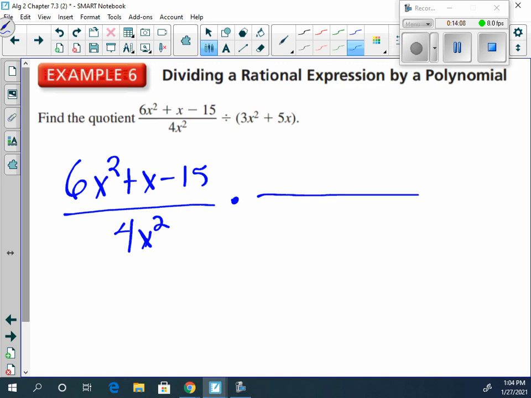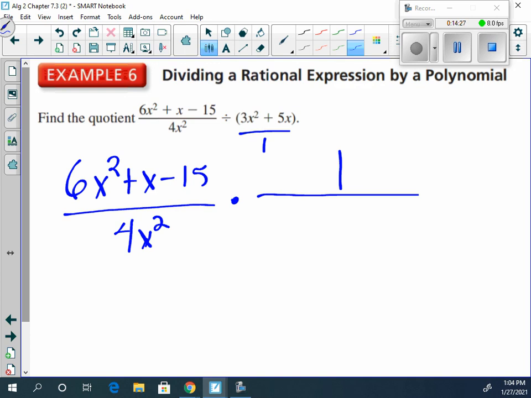So if I change it from division to multiplication, we change the dividing symbol to multiplication, and then we flip the, well, it would be, because the 3x squared plus 5 is really over 1, like we saw the other day with multiplication.